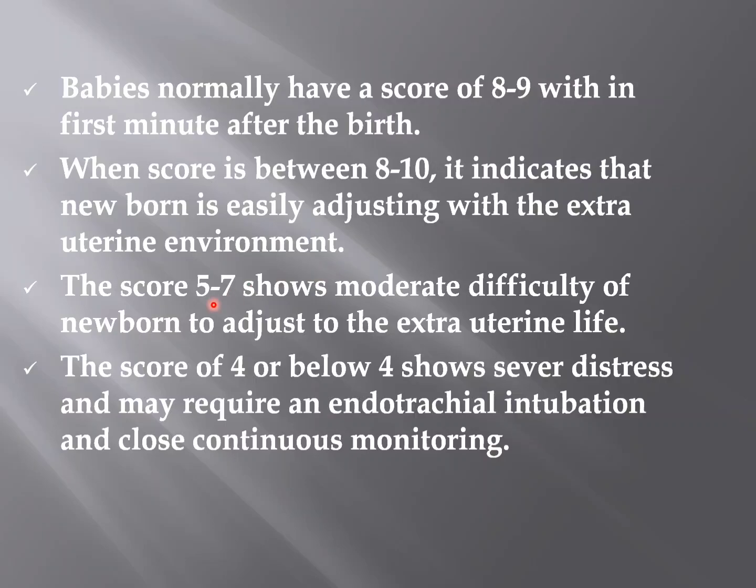If score is between 5 to 7, it shows moderate difficulty of the newborn to adjust to the extra-uterine life. And the score of 4 or below shows severe distress and may require an endotracheal intubation or close continuous monitoring.